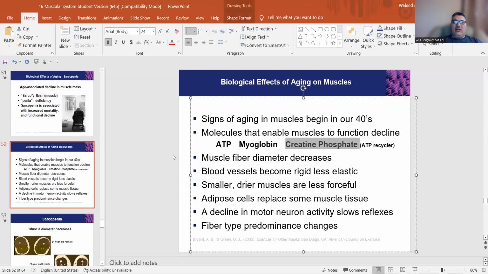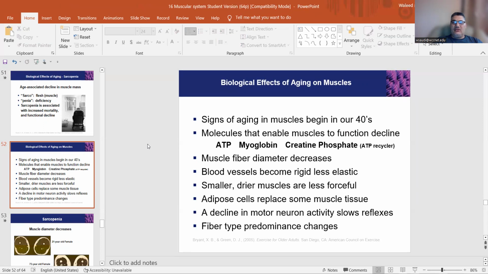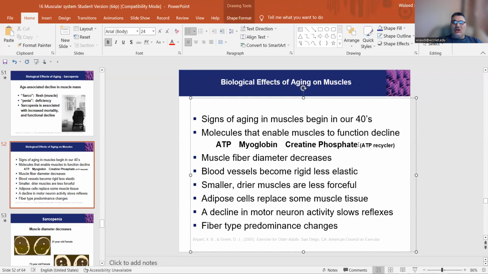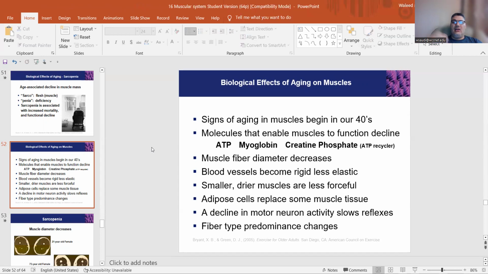Another term is creatinine phosphate, and this creatinine phosphate is extra storage of energy. Myoglobin, extra storage of oxygen. Creatinine phosphate, extra storage of ATP, because you need the muscles to contract all the time. So you need a lot of ATP and oxygen all the time.